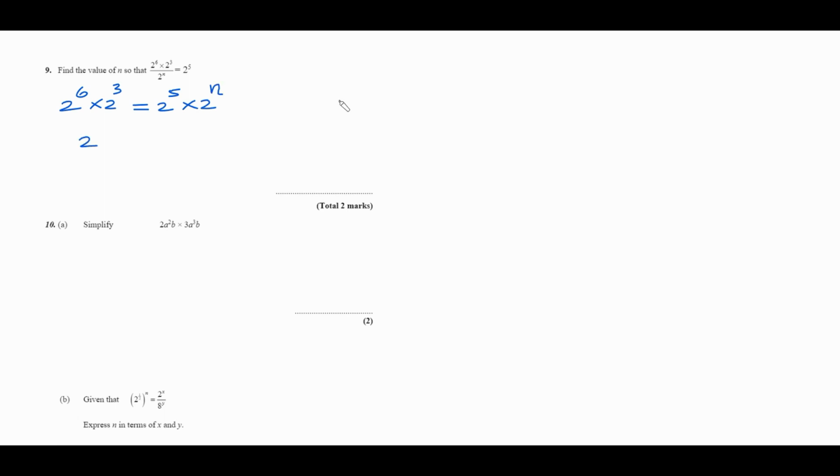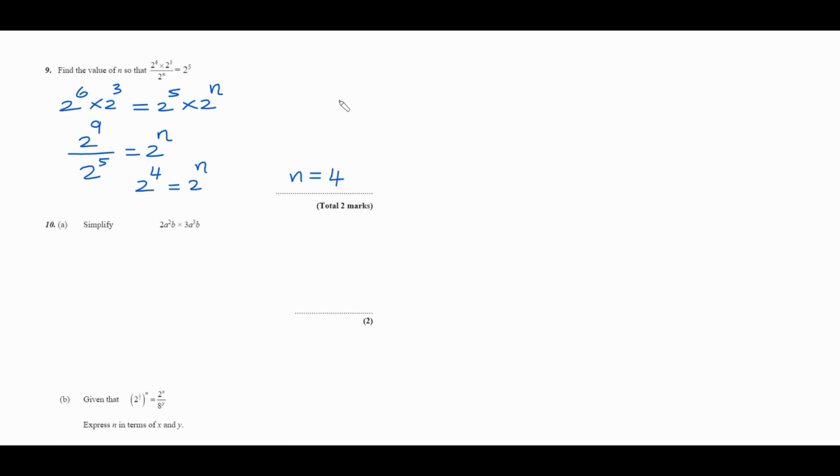So 2 to the power 6 plus 3 is 9, divided by 2 to the power 5 equals 2 to the power n. So 9 take away 5 is 2 to the power 4 equals 2 to the power n. So n equals 4.